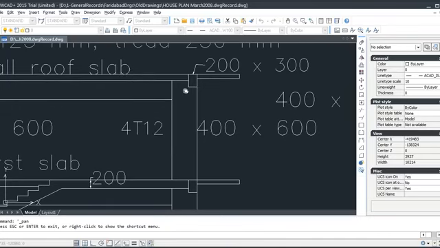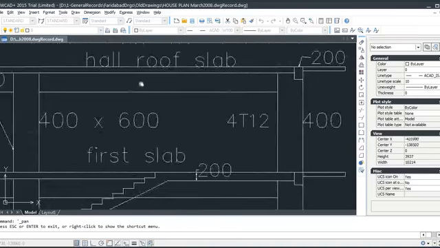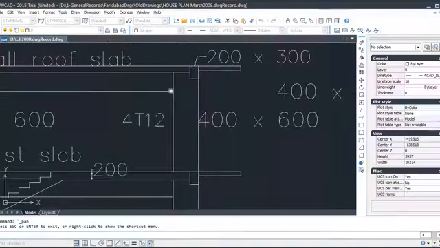Columns are cast separately because it's not convenient to cast whole columns. So columns are cast up to here or somewhere, and then we prepare a construction joint at the neck, and then the shuttering continues with the beams, and that way we work.